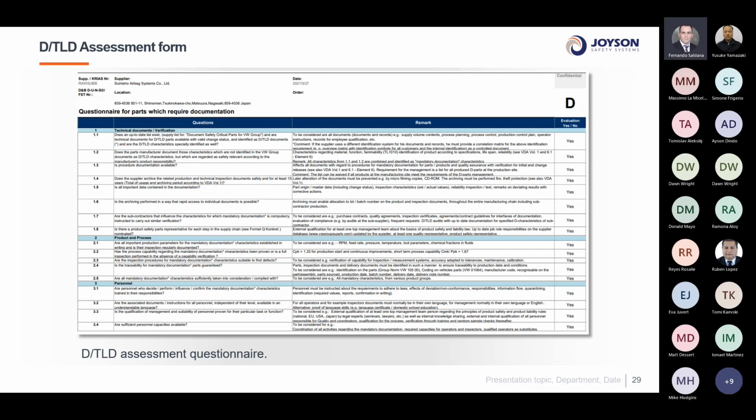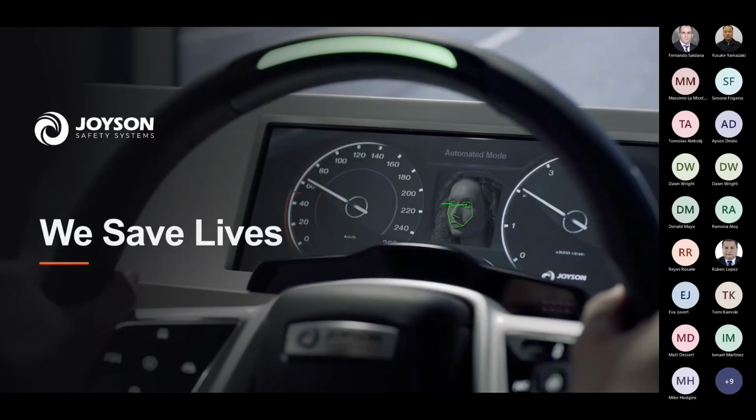This is it from the presentation. Thank you, Fernando. Well, this is our presentation about VDA 6.3 and D-TLD. Maybe you know or you don't know, but it's our OEM requirement to perform an audit every 12 months.